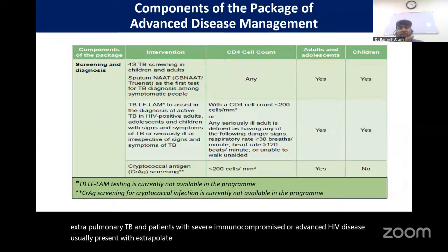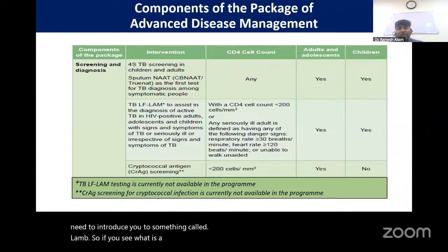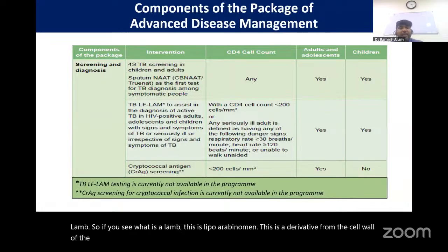So this is why I'm taking the discussion here: I need to introduce you to something called LAM. What is LAM? This is lipoarabinomannan, a derivative from the cell wall of the mycobacterium. It is a glycoprotein that is mainly excreted through the kidney.